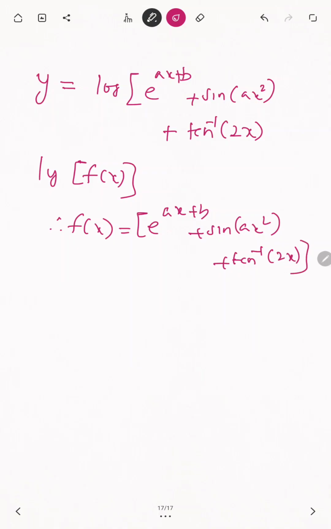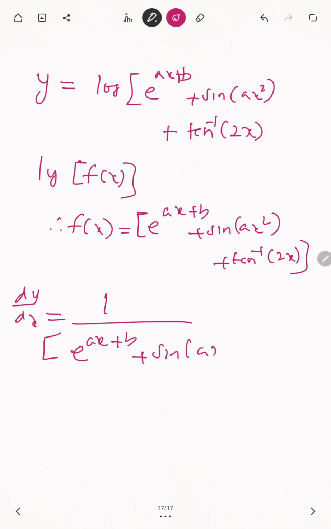What is the derivative formula telling? 1 by f of x. So 1 by f of x is what? e power ax plus b plus sin of ax square plus tan inverse 2x, correct? Into derivative of this.